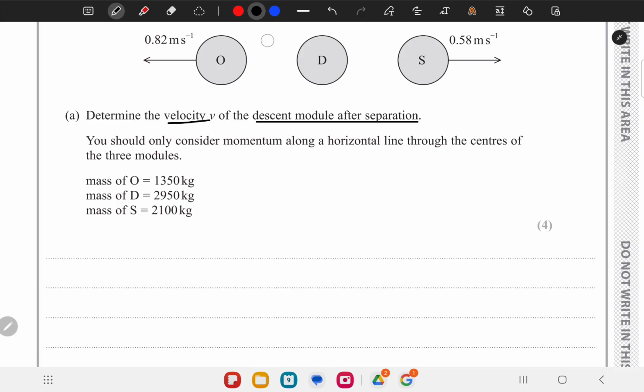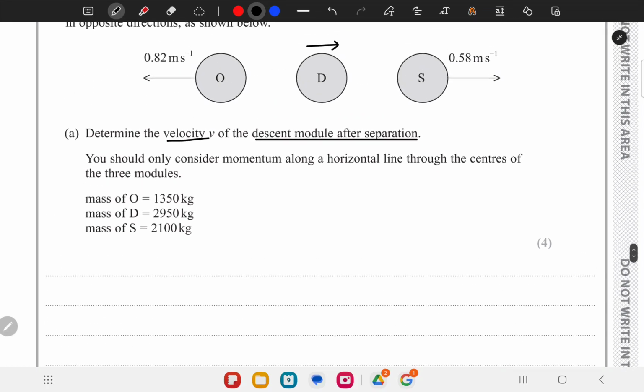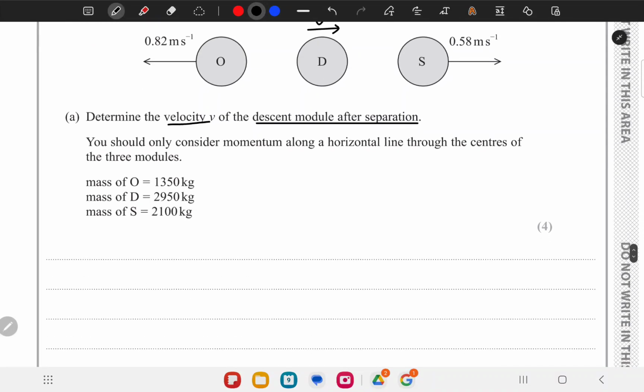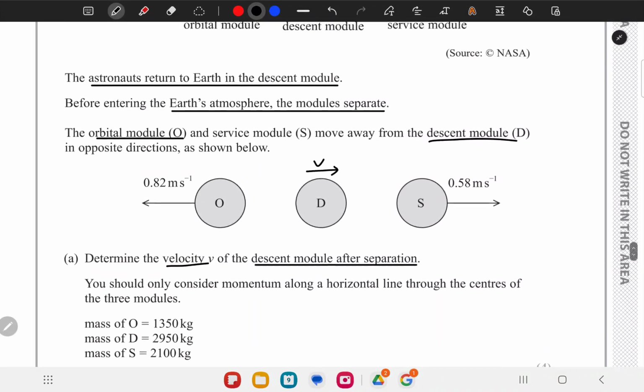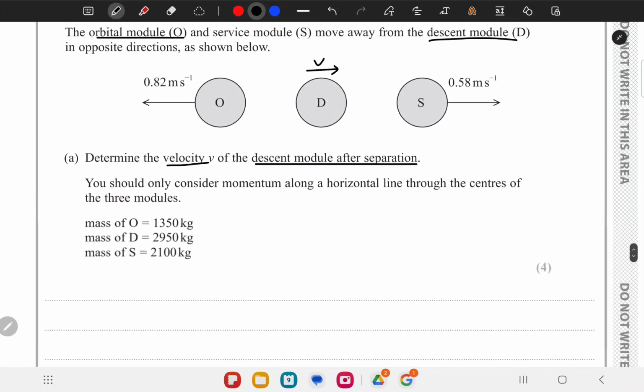So we can take this arrow to be in any direction. The final velocity of D, we can take this right or left. If our assumption is wrong, the value will come out to be negative, so we just have to flip the sign of the arrow then. Now taking it like this, the initial momentum will be 0 since they were together, so this is a case of explosion.